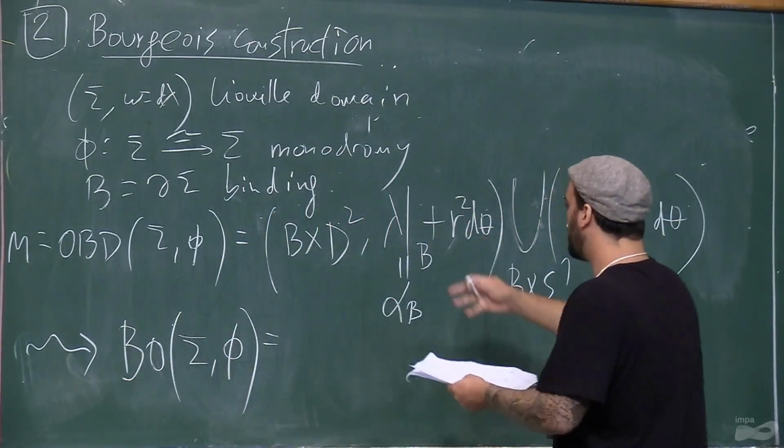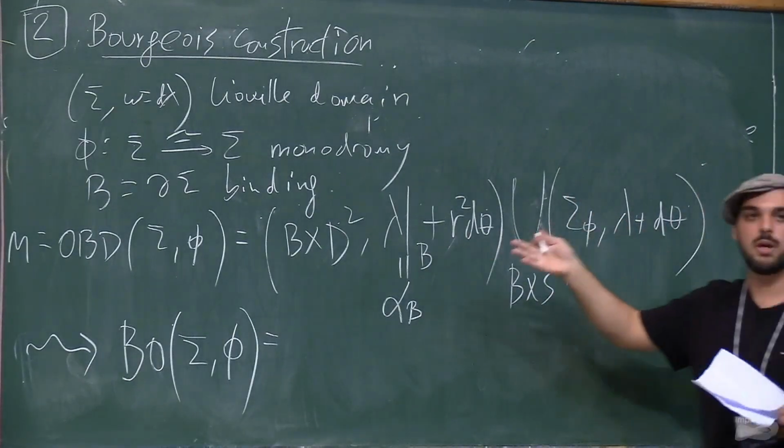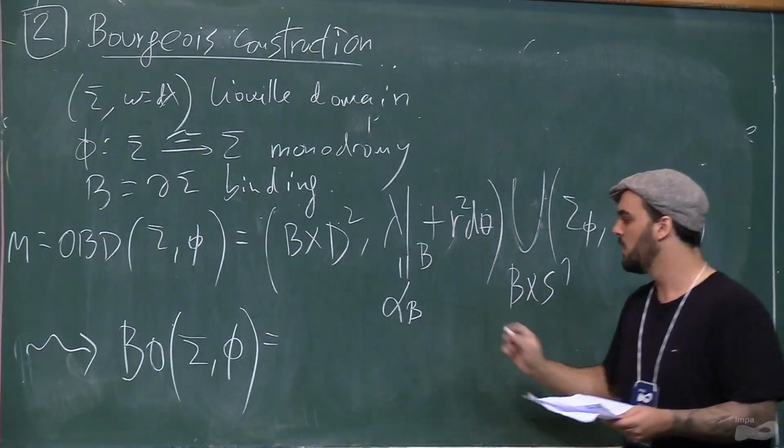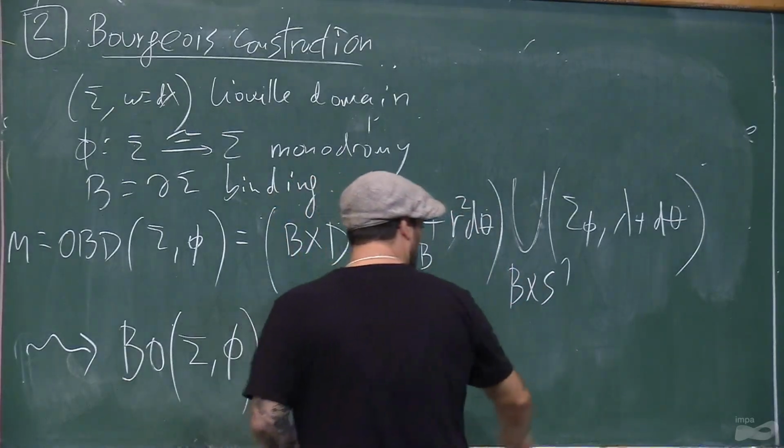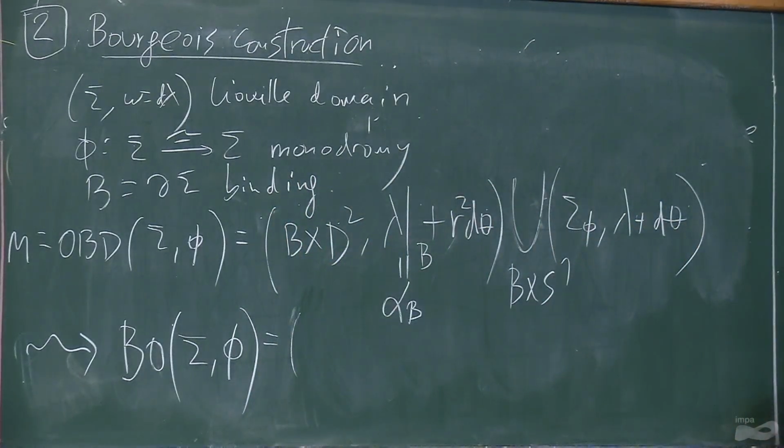So we also have a similar decomposition, which is to take the product with T2 of each piece. Let me just write it on the other board. So the Bourgeois now is to take the product with T2 of this whole thing.